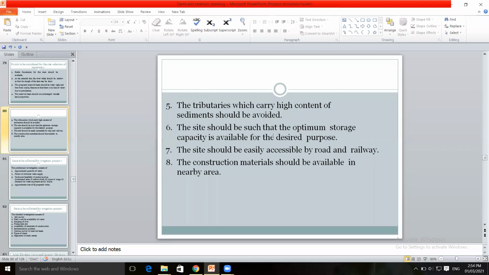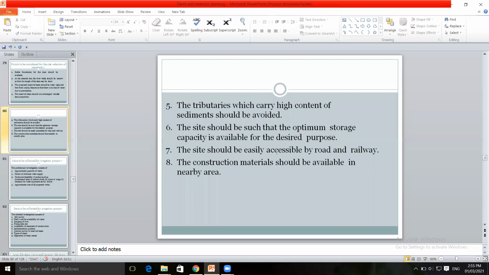And the site should be such that optimum storage capacity is available. Storage capacity should be more. That is required for irrigation and water supply purpose. Optimum storage should be available. And the site should be accessible by road or railways. It should be reachable from various transportation systems.